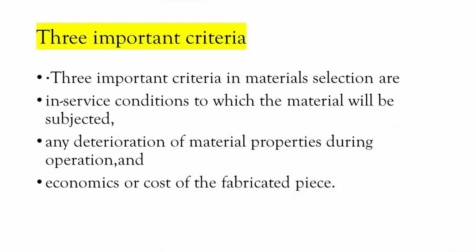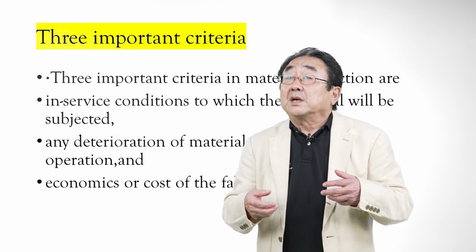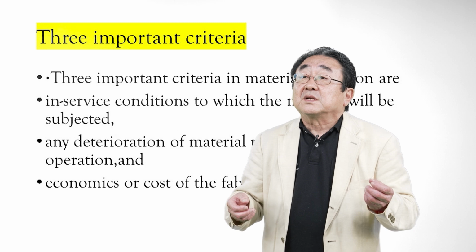3 important criteria. The 3 important criteria in the material selection are the in-service conditions to which the material will be subject. When we use a material, what kind of environment, what kind of load, what kind of condition is it subject to.